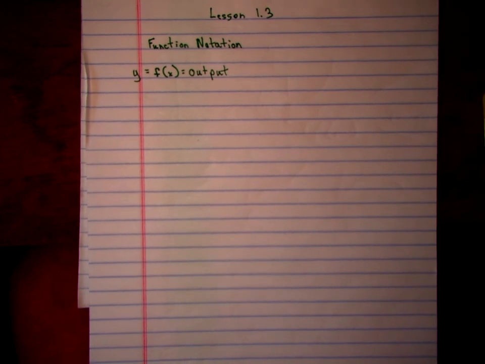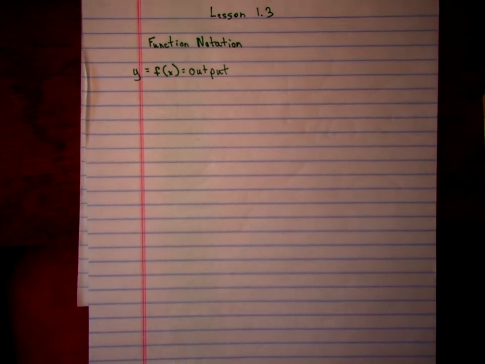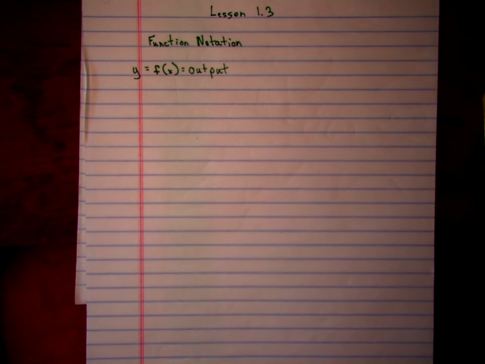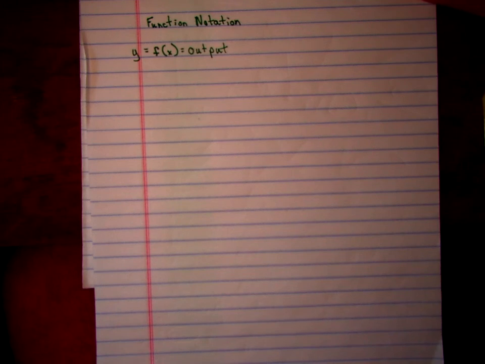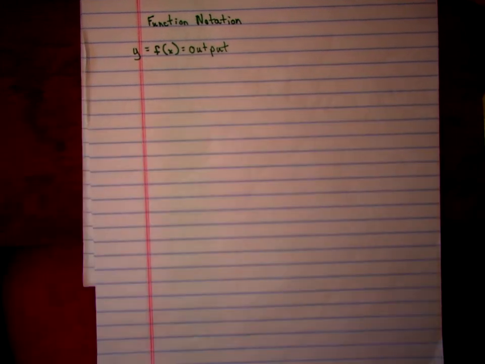So you have your y, your f of x, your output, and it is also, yes, your dependent variable. The independent is your x. Alright, so function notation, how you write a problem.